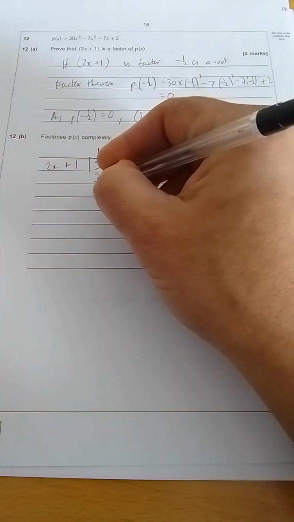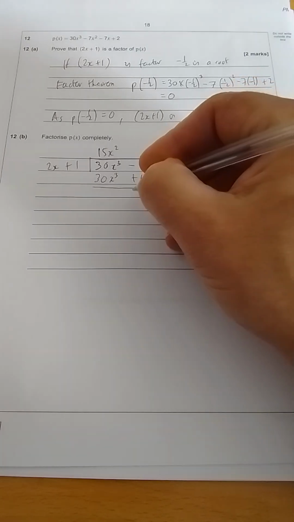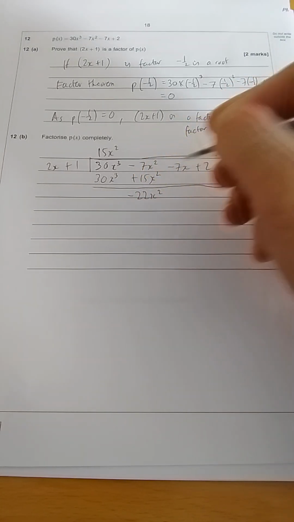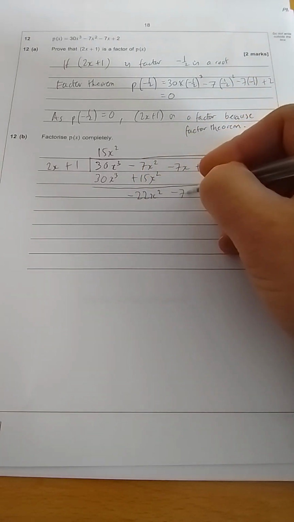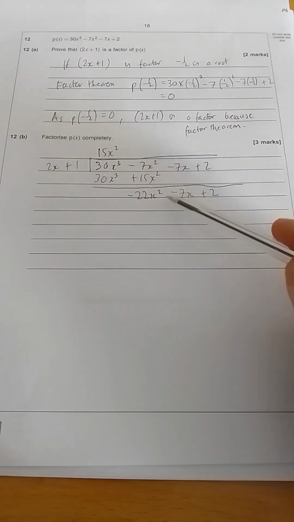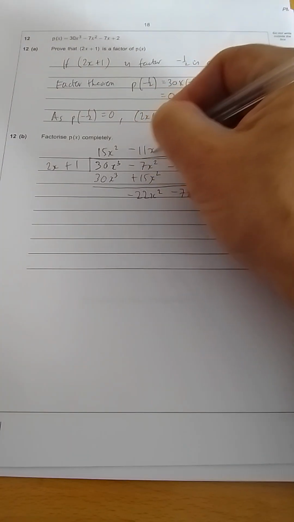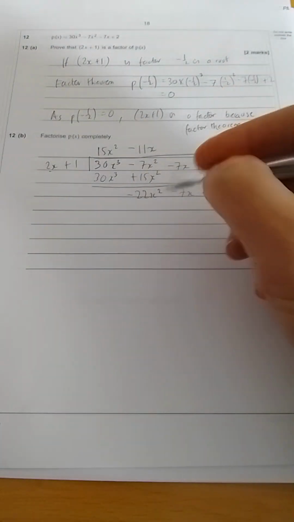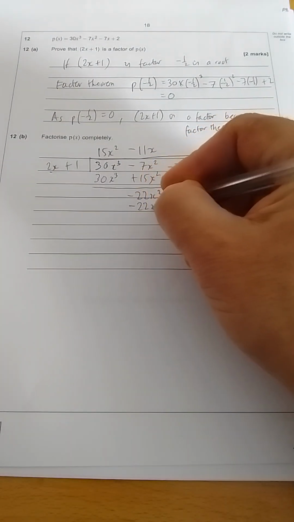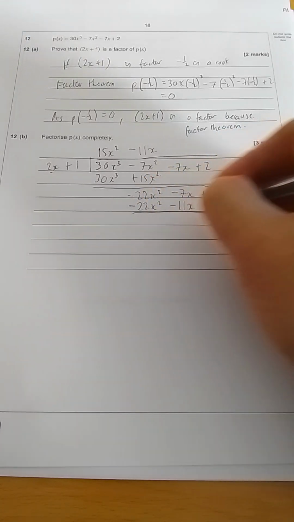And now I subtract. So minus 7x squared minus 15x squared is minus 22x squared. I can bring the other terms down, minus 7x plus 2. So what do I need to multiply 2x by to get minus 22x squared? I need to multiply it by minus 11x, so minus 11x goes here. Multiply this by minus 11x gives minus 22x squared minus 11x, and again we subtract.